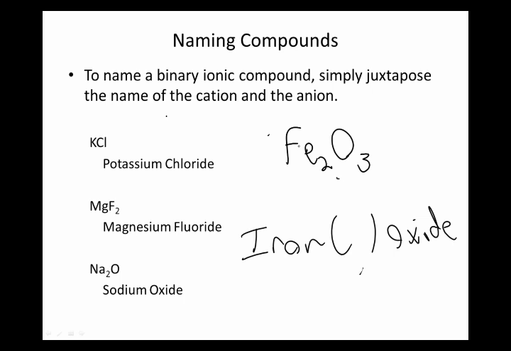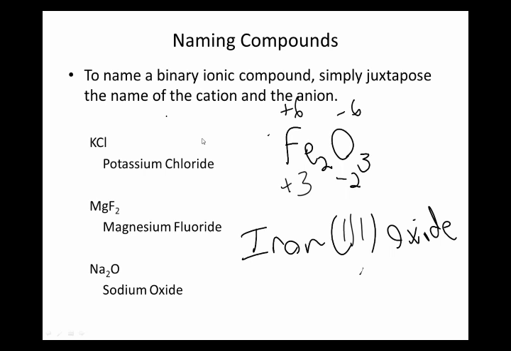Well, I know oxygen's -2, right? There's 3 of them, so that's a total of -6. So I'm putting my totals up here. This is for one of the ion, and this is for the total. Iron must have a total of +6, otherwise this wouldn't be neutral. Then that must mean, so there are 2 irons, it must mean that each individual iron is +3.